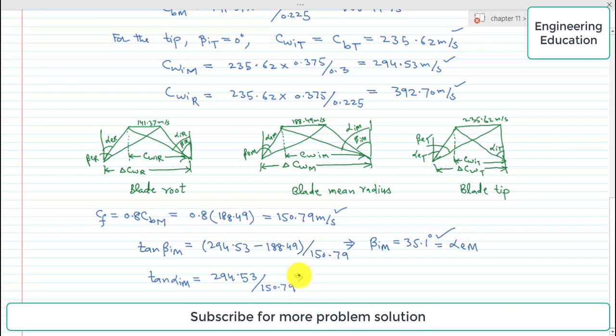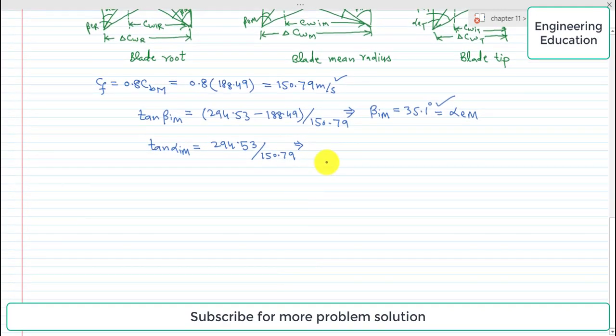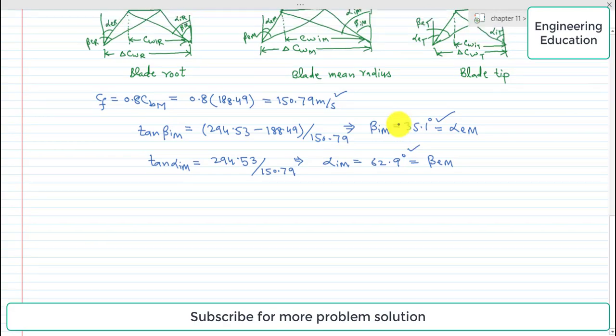So when we solve this for alpha Im, the value of alpha Im comes out 62.9 degree, and it is equal to beta Em, as it is obvious from the velocity triangle. Further, these are the angles for moving and fixed blades at inlet and exit as required in part 1.